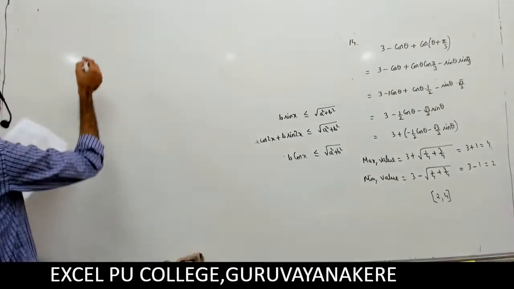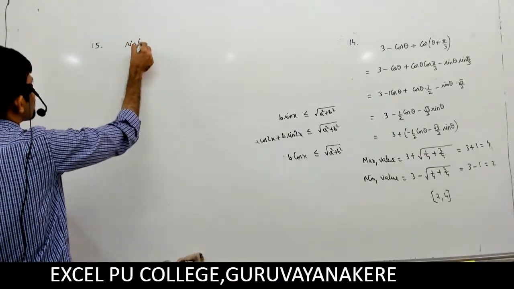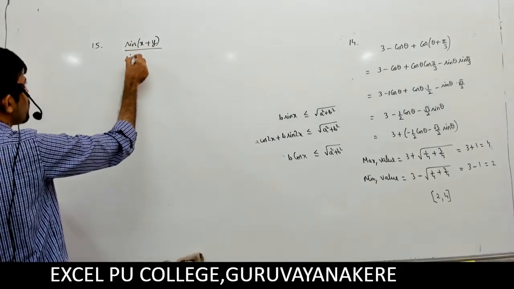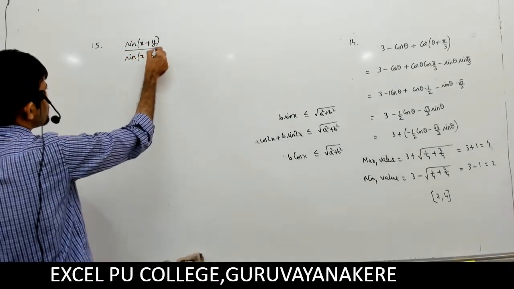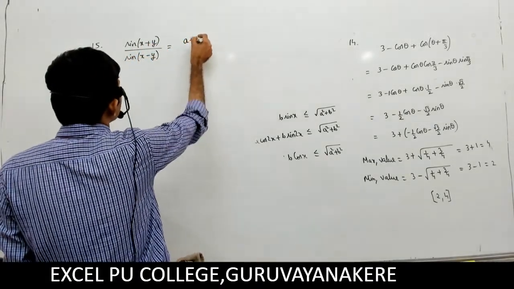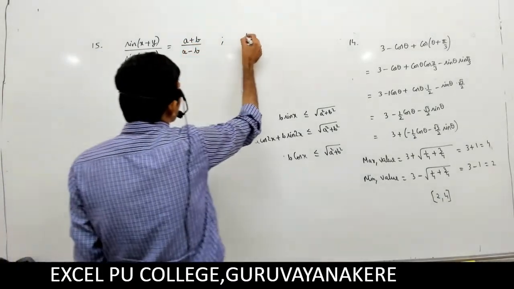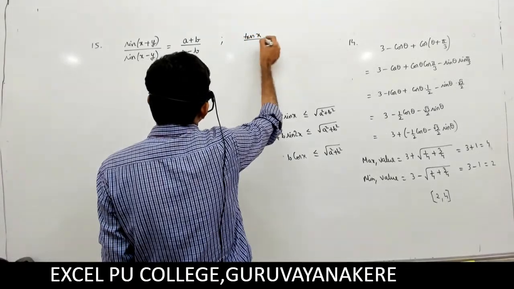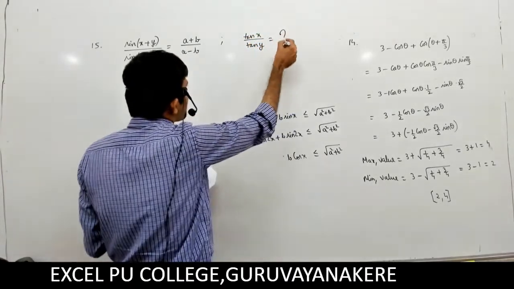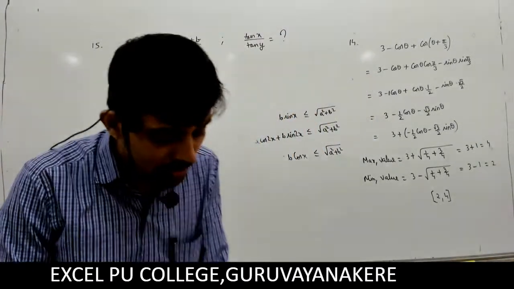Sin of x plus y divided by sin of x minus y is equal to what is given? a plus b by a minus b. We have to find the value of tan x divided by tan y, how much? Can you do this?